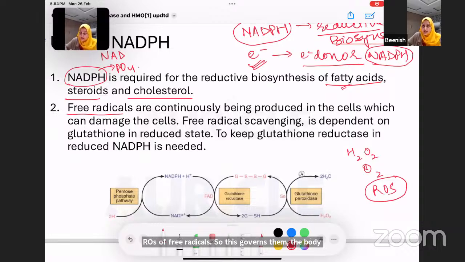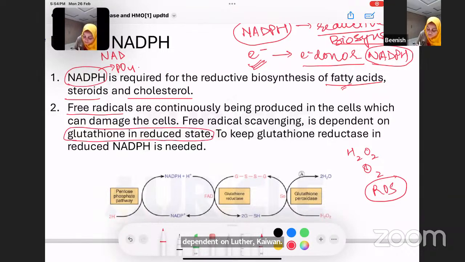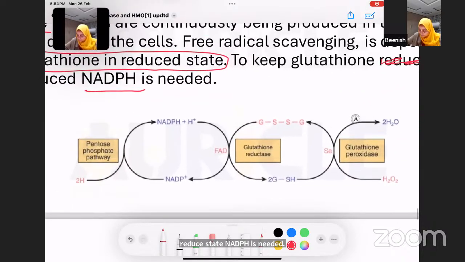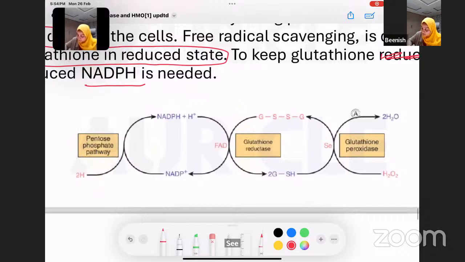And this free radical scavenging is dependent on glutathione in reduced state. Okay, so to keep glutathione in reduced state, NADPH is needed. See, this was your glutathione. This is your glutathione. This is here in reduced state.